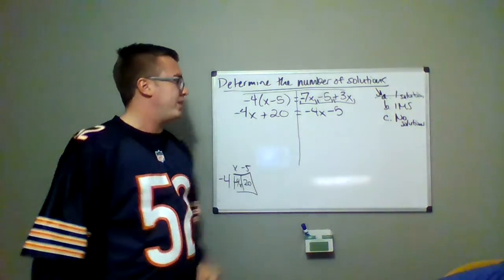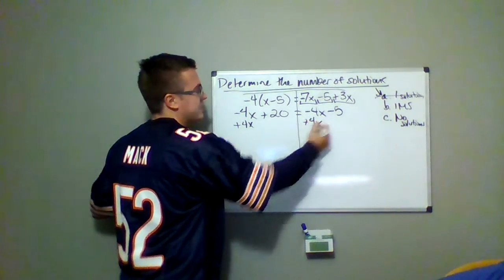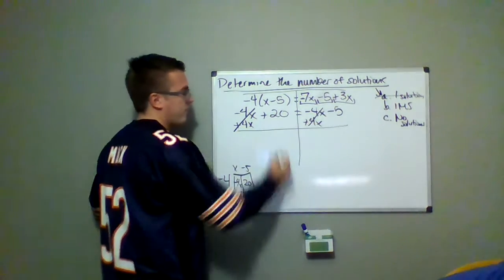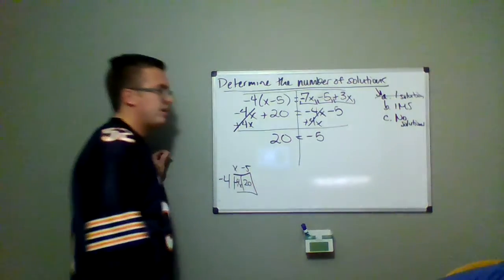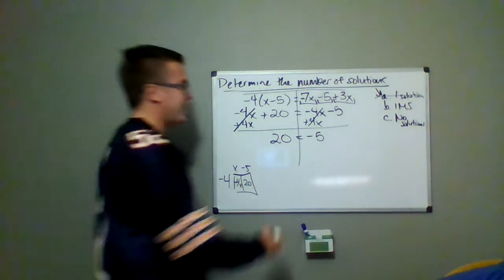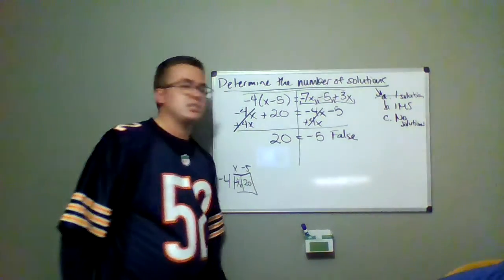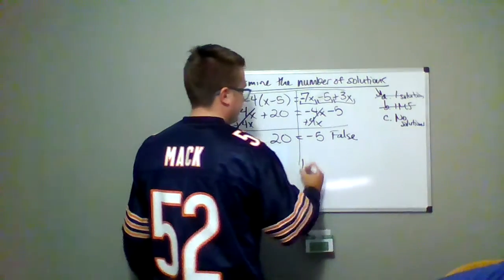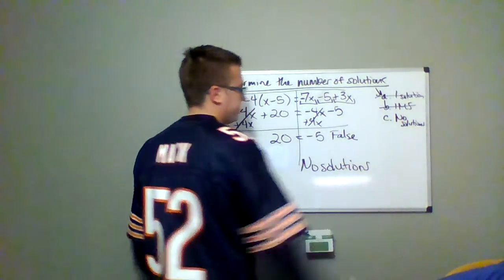Since it's different, we know that when we add 4x to both sides in our attempt to get the x's on the same side, the x's are going to cancel out, and you're left with 20 equals negative 5. That is a false statement. And because it's false, it's got to be no solutions.